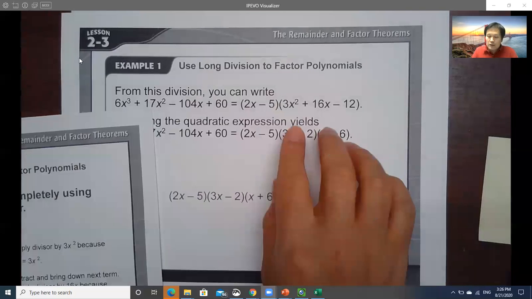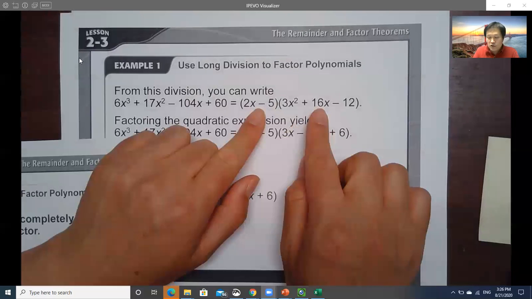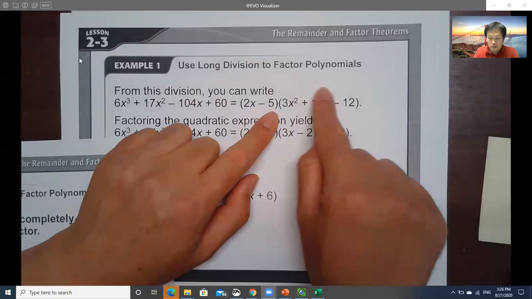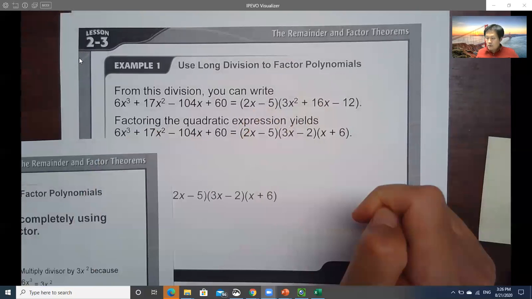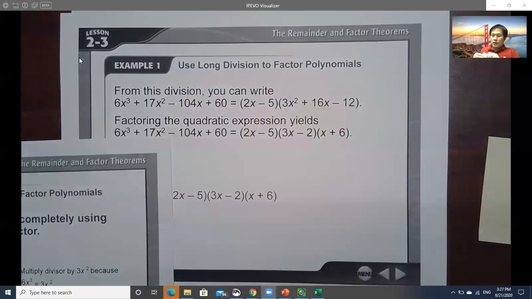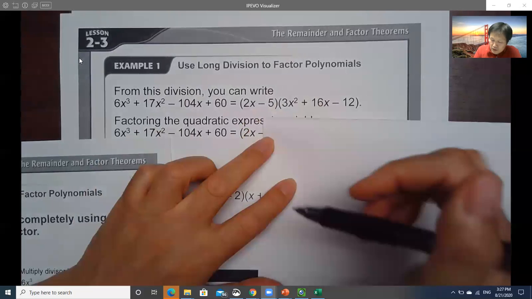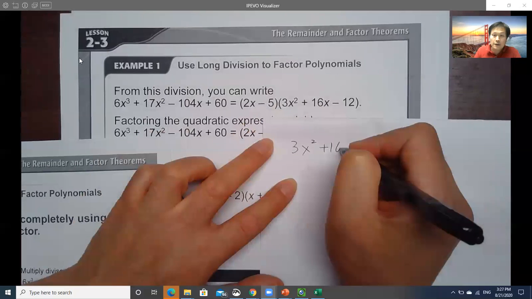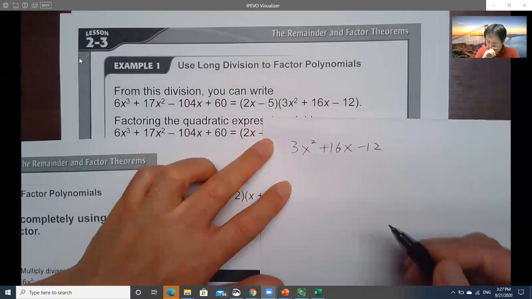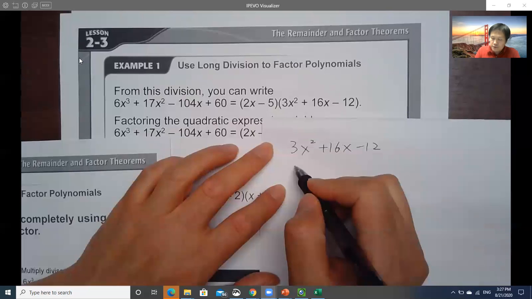So once you write that in factored form, you are checking, can you factor further with this guy? So if you look at that, 3x squared plus 16x minus 12, I'm asking, can you factor further? So this is 1 times 3.